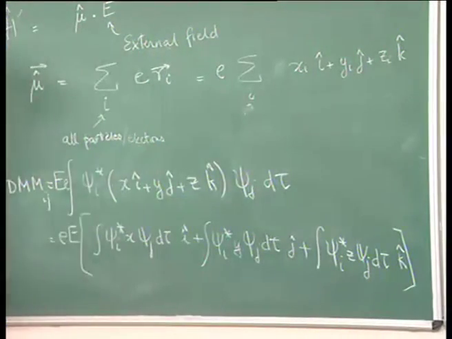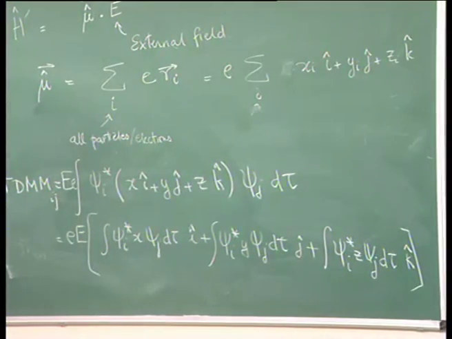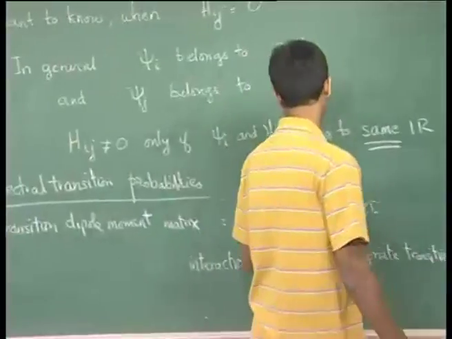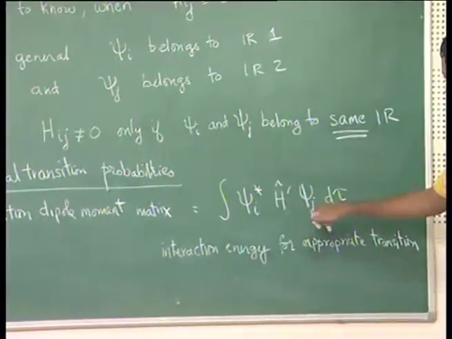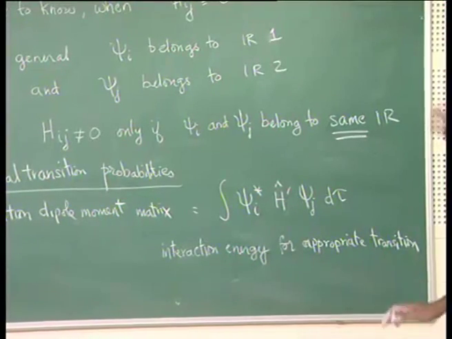Okay, so this is your ijth matrix element of the transition dipole moment matrix, and this tells you the probability of transition from i to j, or from j to i.